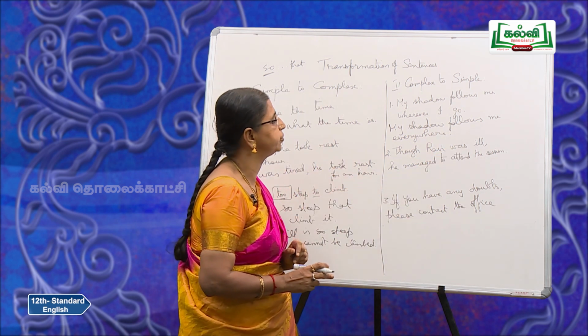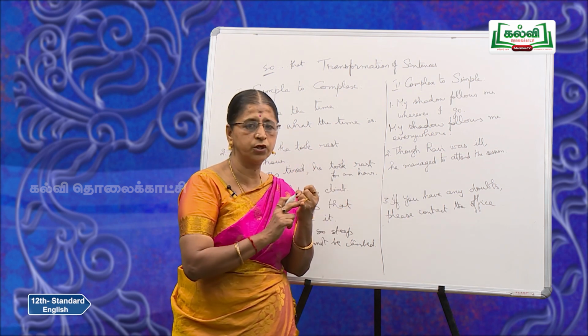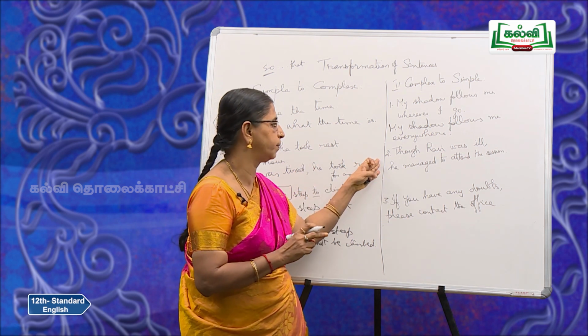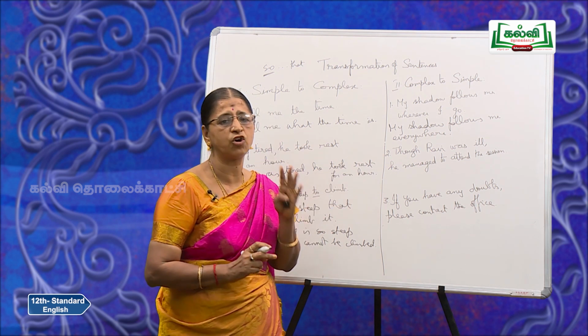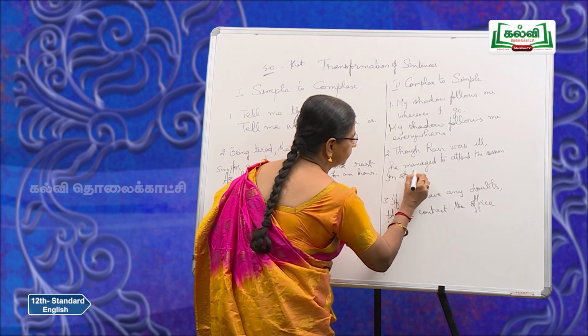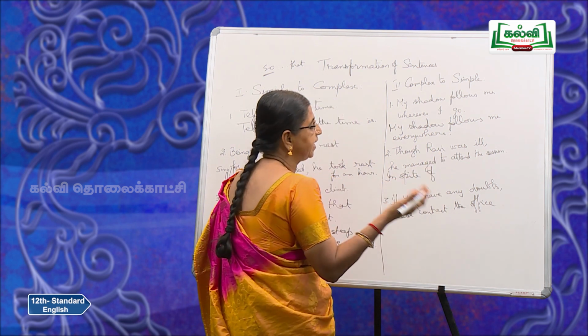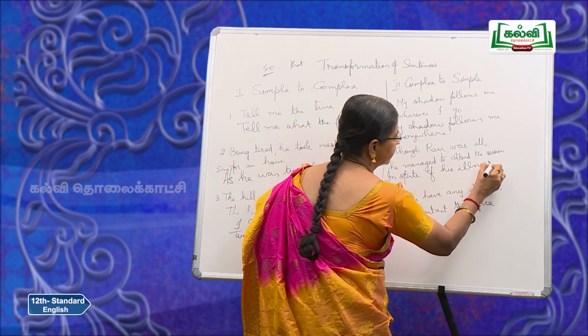Look at sentence number 2. Though Ravi was ill, he managed to attend the session. So, though, even though, although in the complex sentence are replaced by in spite of. So, in spite of his being ill or his illness. You can use a noun, illness, too here.